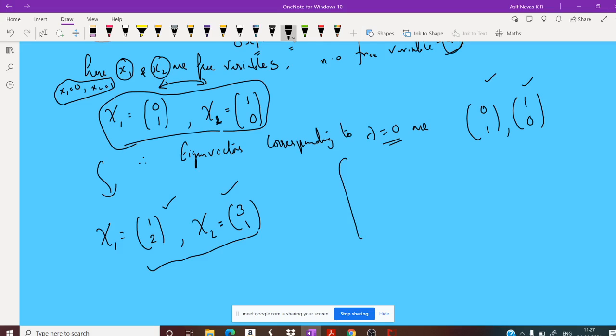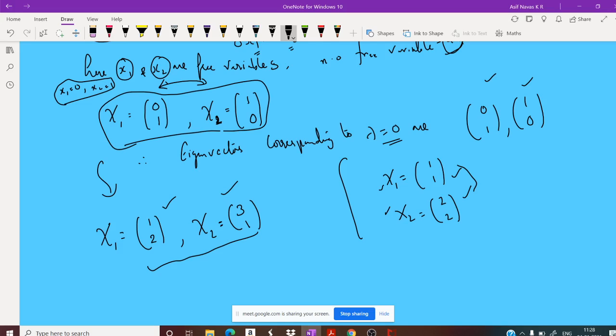If you take x1 equal to 1, 1 and x2 equal to 2, 2, these two are also eigenvectors but not linearly independent, because one is a multiple of the other. Have you got it?